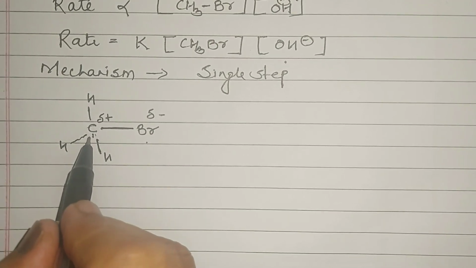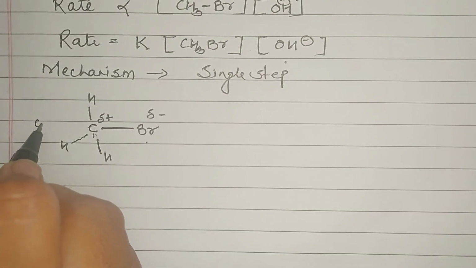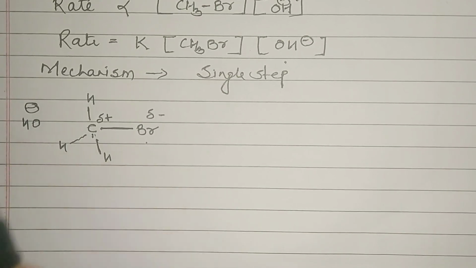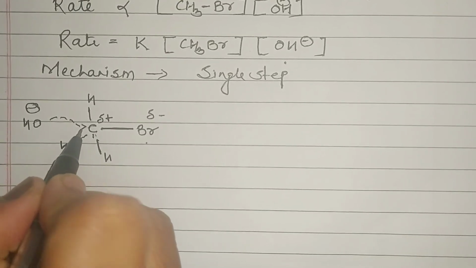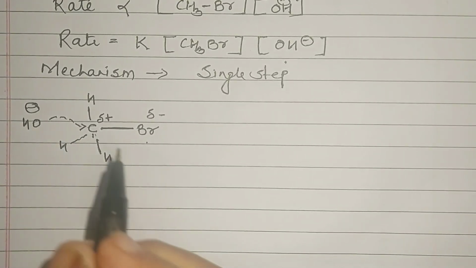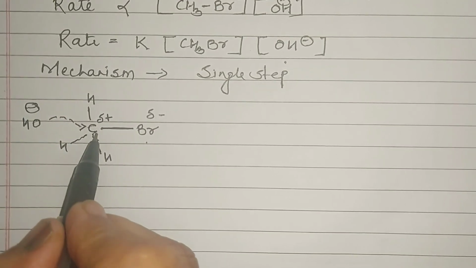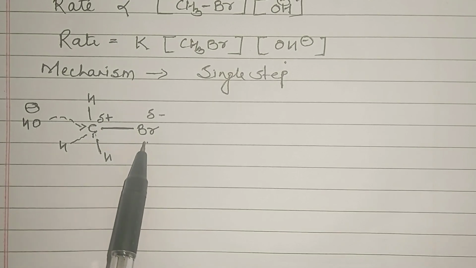Now this carbon is electron deficient, therefore OH negative, the nucleophile, which is electron rich, will attack on this electron deficient carbon. This attack occurs from the opposite side of Br.